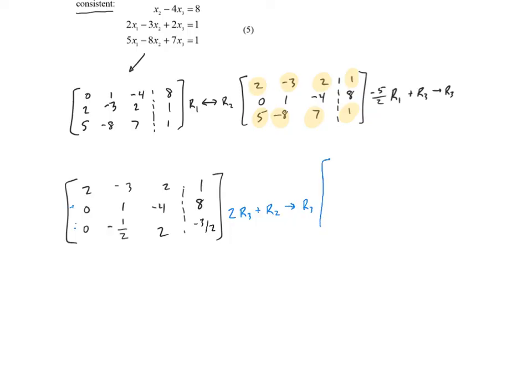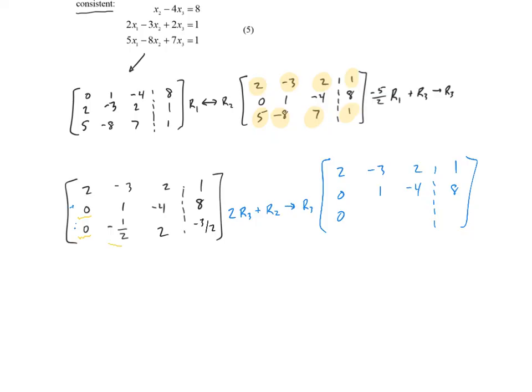All right, and let's see what happens. Row 3 is 2, -3, 2, 1 and row 2 is 0, 1, -4, 8. You double this 0 and you add 0, right? That's okay.